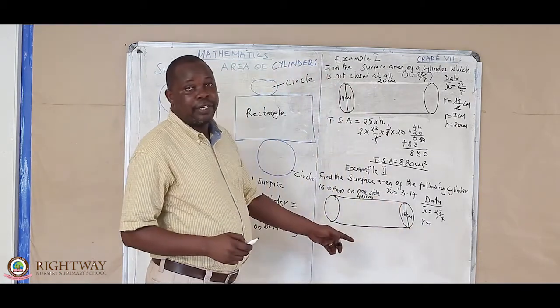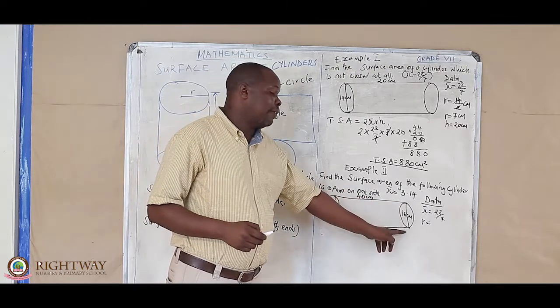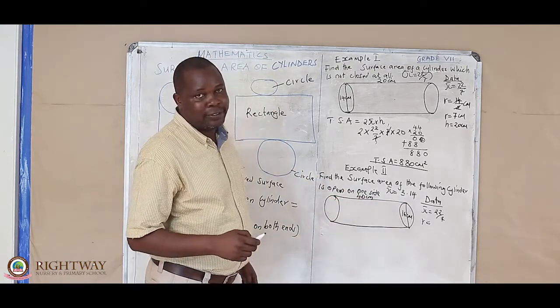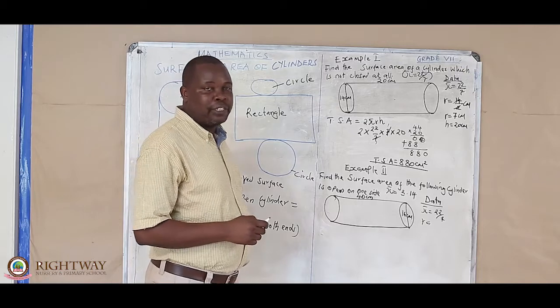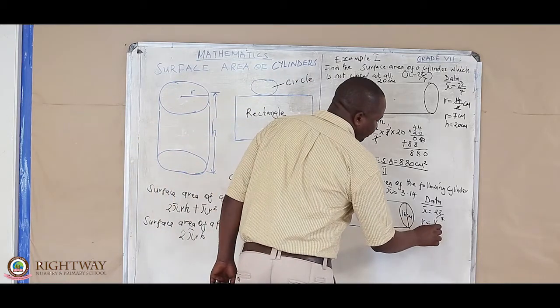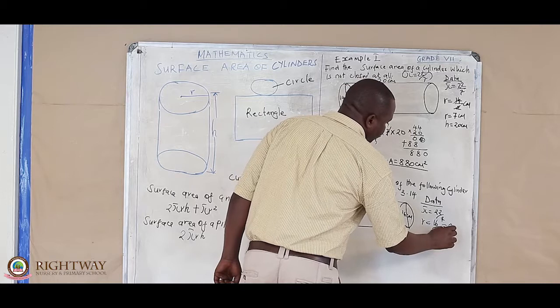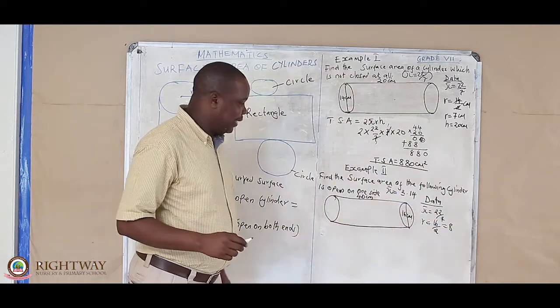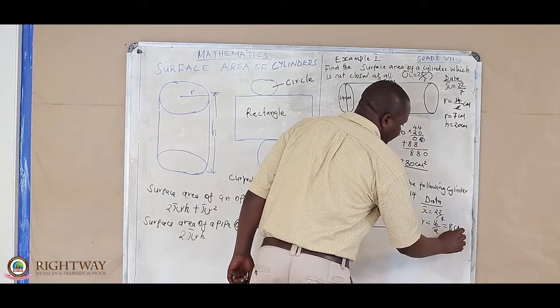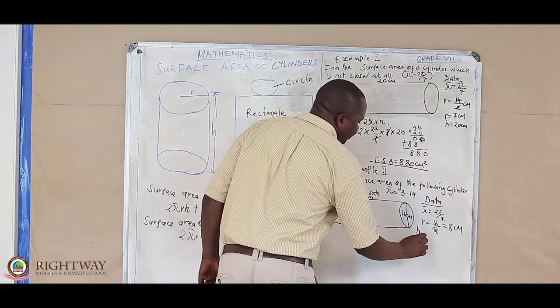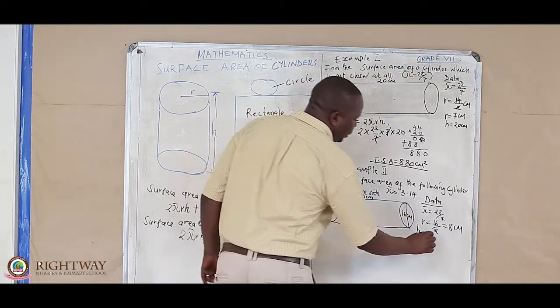The 16 given is our diameter because it is touching the circumference of the circle. So that's our diameter. To get radius from it, we divide it by 2. So we have our radius as 8 centimeters. We have our height as 40 centimeters.